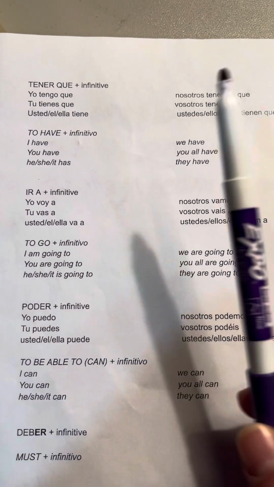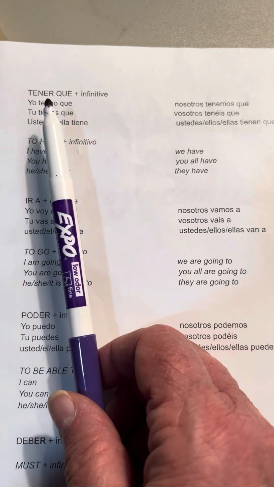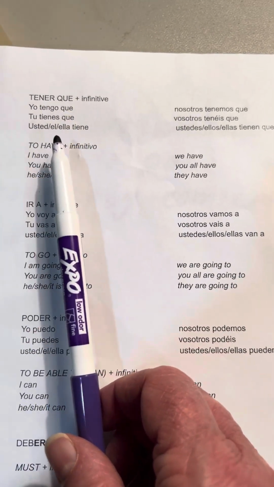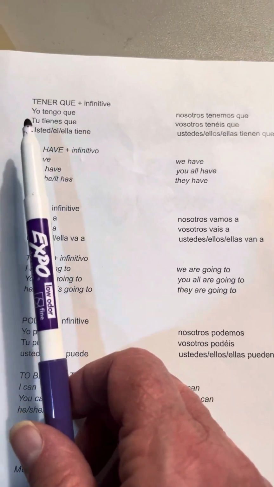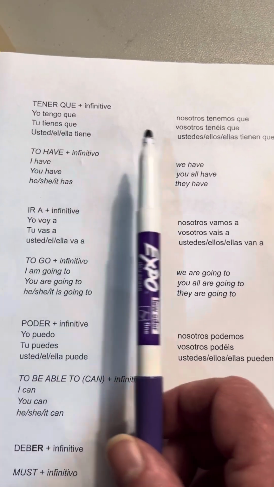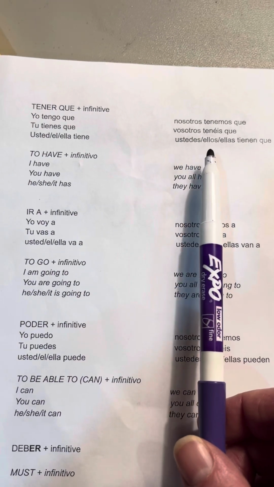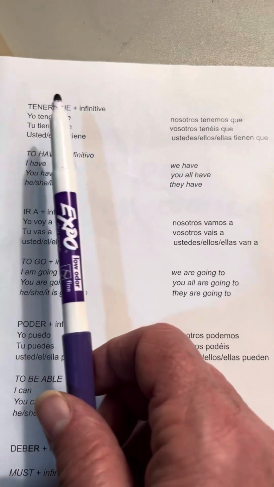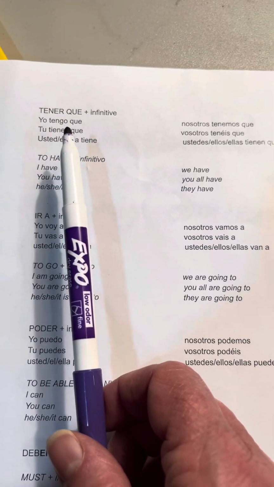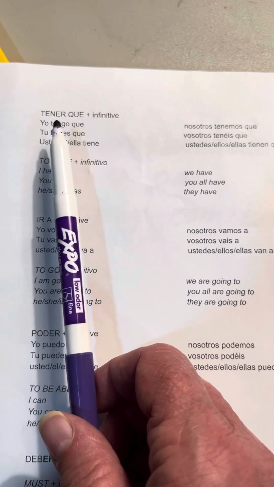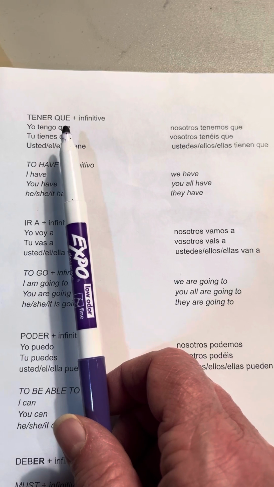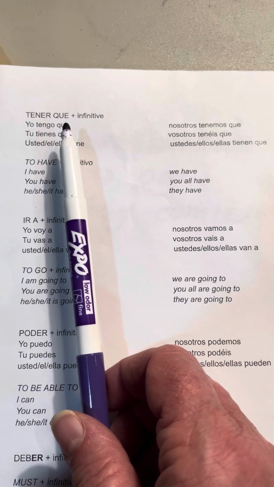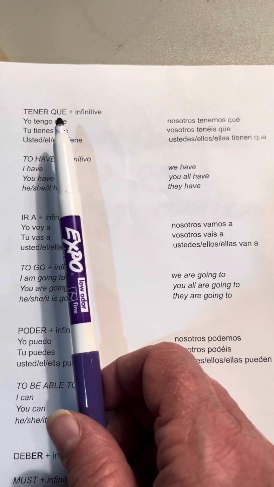So what you want to have here is your conjugation of the verb tener, which is going to show your person, yo, tú, usted, él, ella, nosotros, vosotros, ustedes, ellos, ellas. That is going to reflect itself in the tener. That's going to be conjugated. Then you need to have the word que. In this example, it means that.